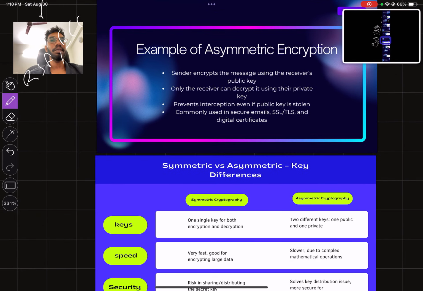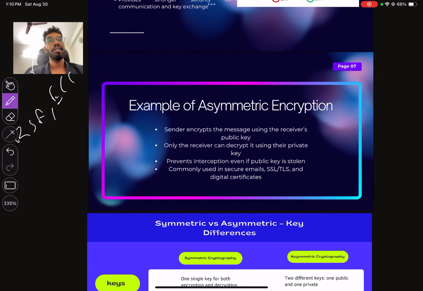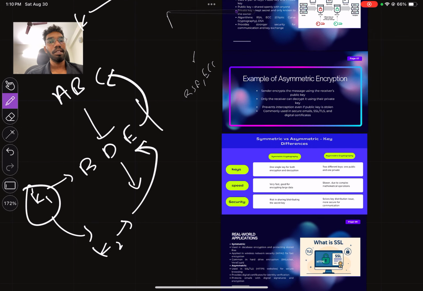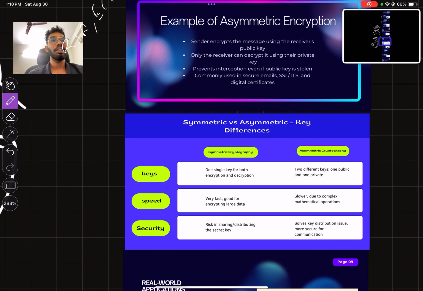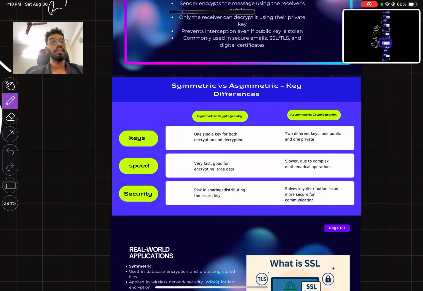In an example of asymmetric encryption, a sender encrypts a message using the receiver's public key, and the receiver can only decrypt it using the private key. So when it's received, the private key is used to decrypt it and get the original. It prevents interception even if the public key is stolen.